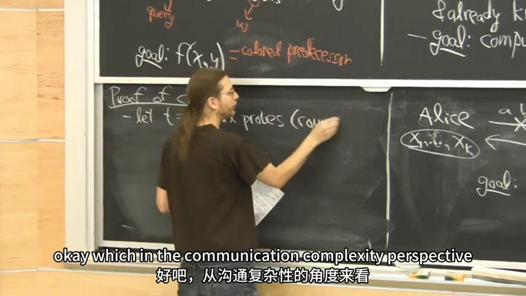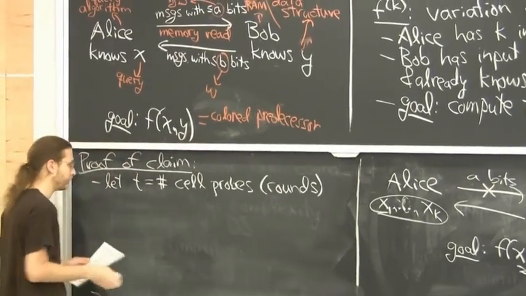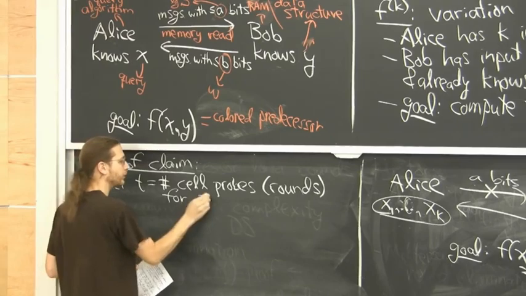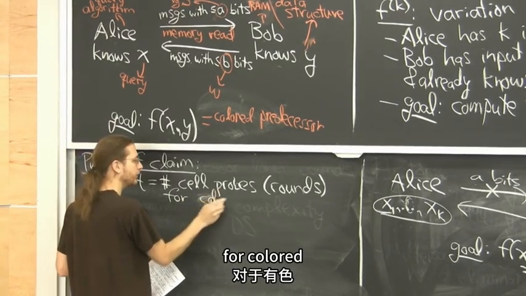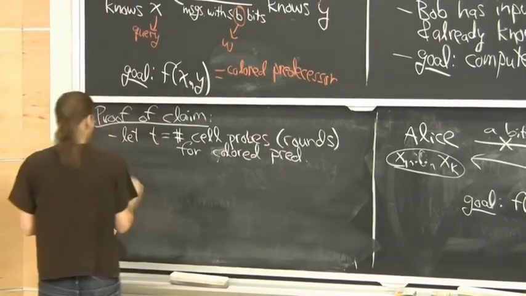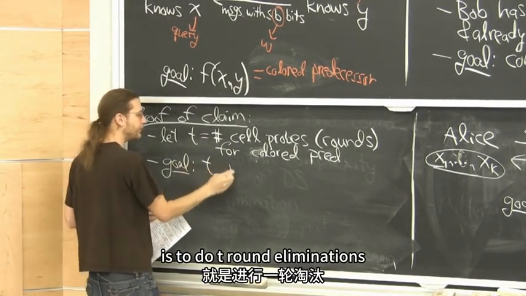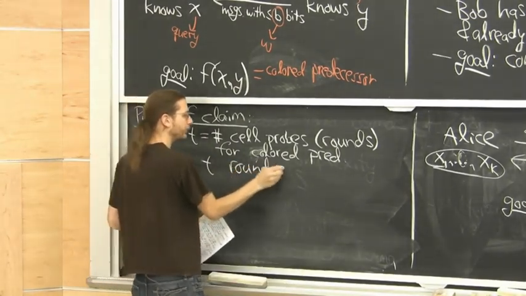From the communication complexity perspective, that's T rounds of communication for colored predecessor. Our goal is to do T round eliminations.